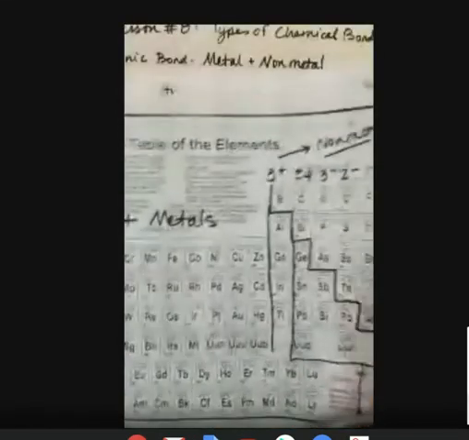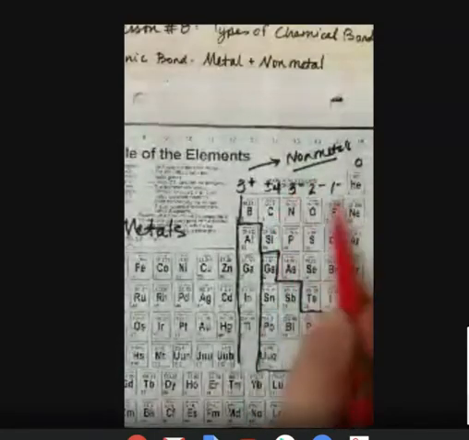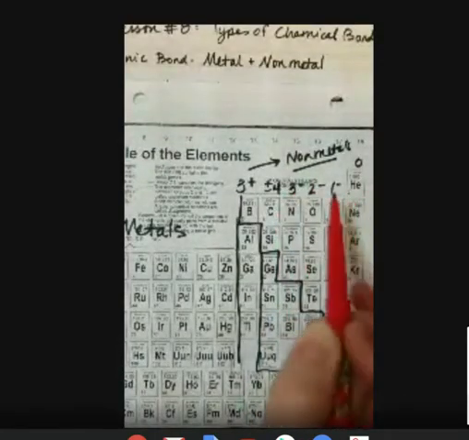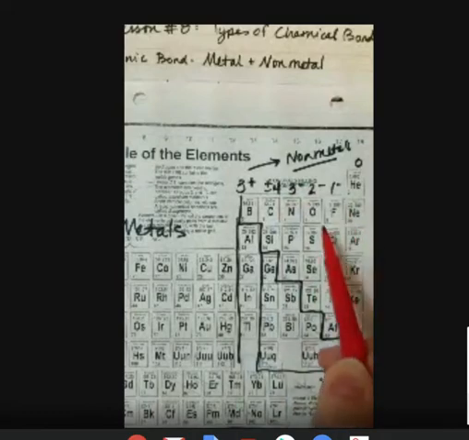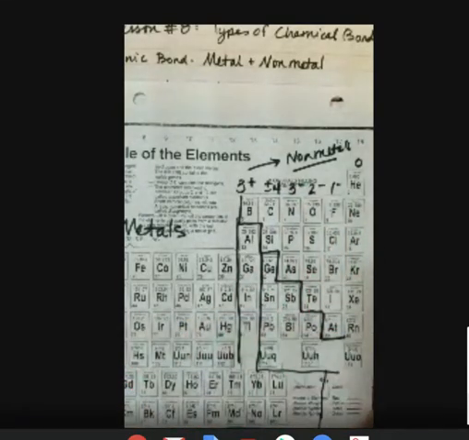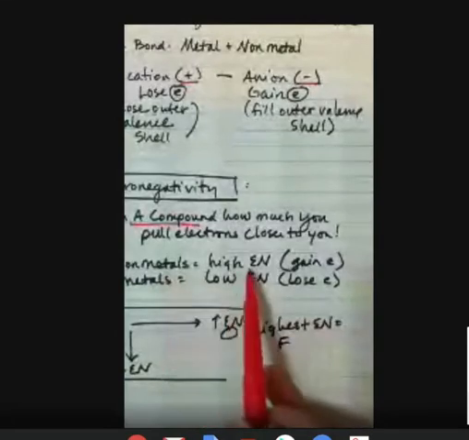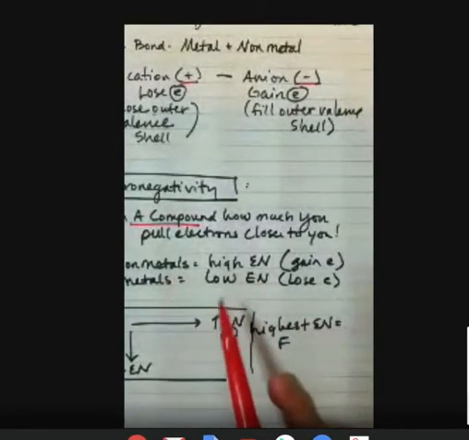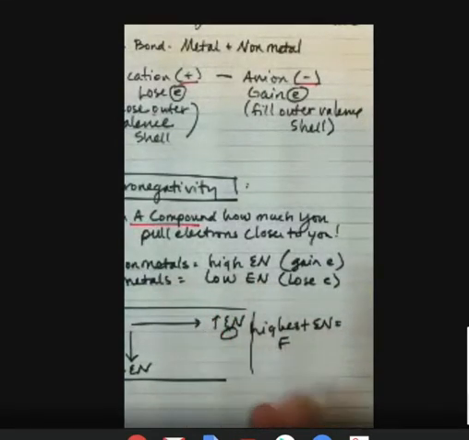So if you guys remember, these guys over here really want electrons. So they're going to be really electronegative, meaning when they form a bond with something, they're either going to flat out take the electron, or they are not going to share evenly. So nonmetals tend to have very high electronegativities, whereas metals have very low electronegativities.